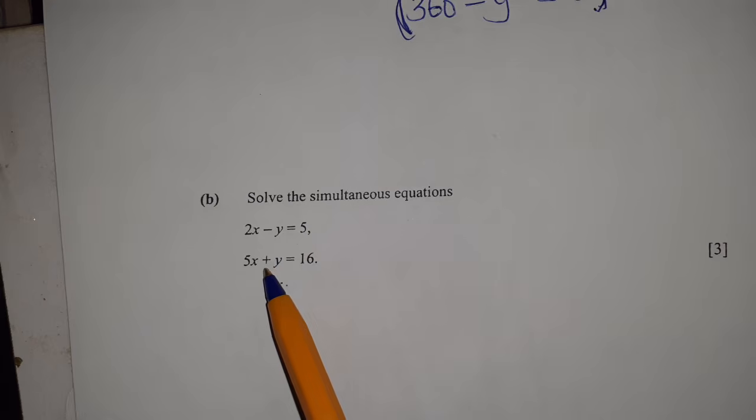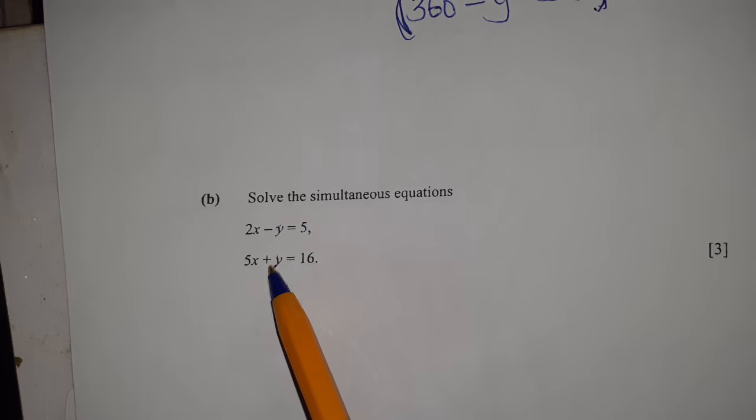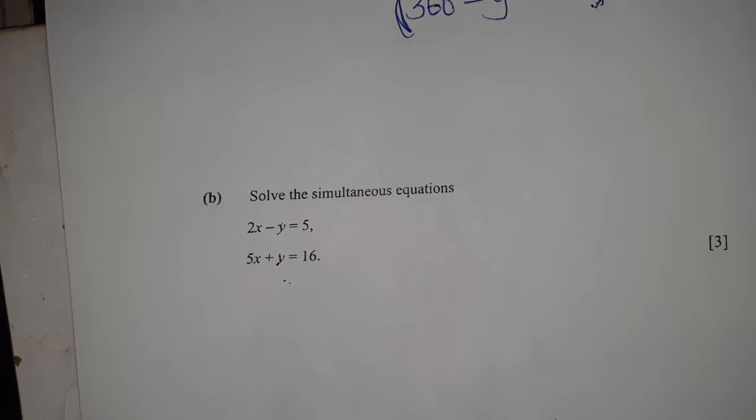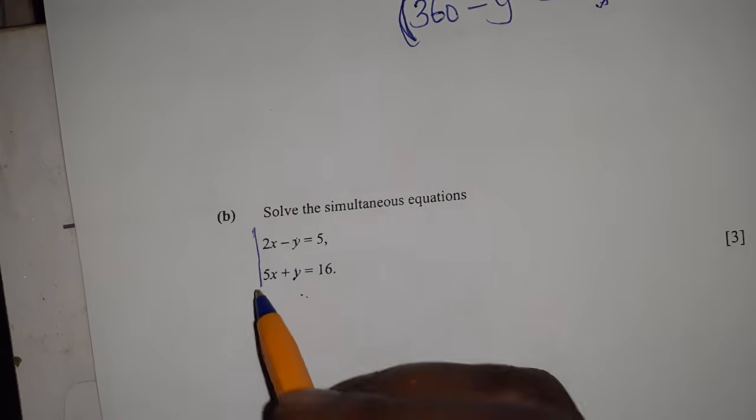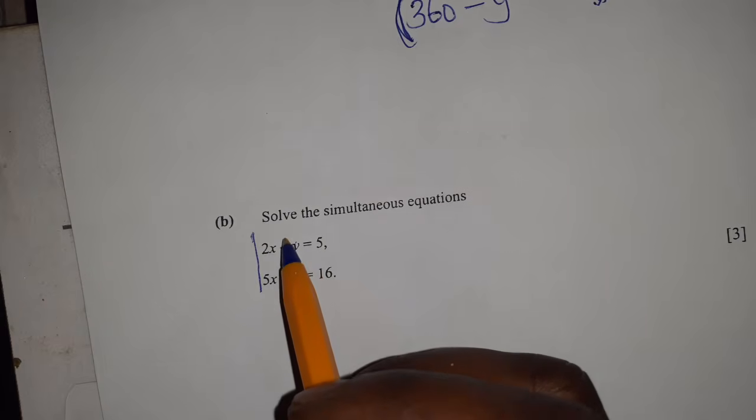The coefficient of y is 1 here, -1 here, and +1 here. So when this is the case, we don't have to struggle. We'll just eliminate what is already there.